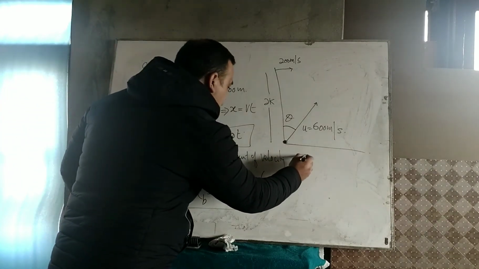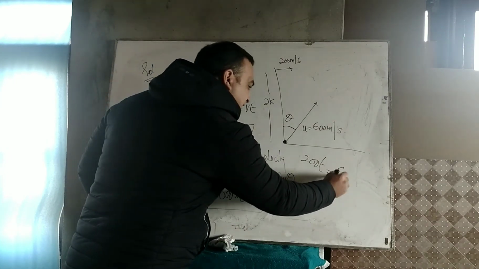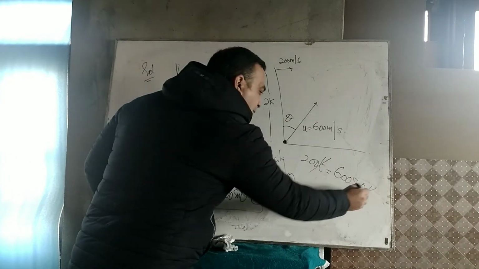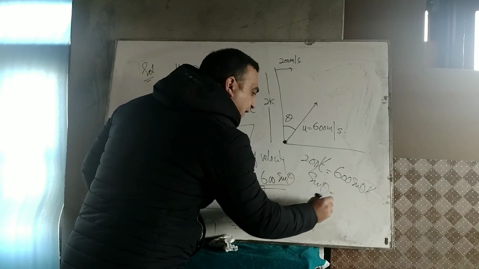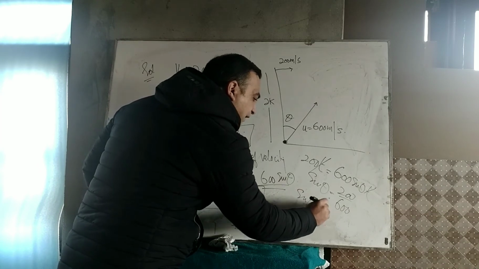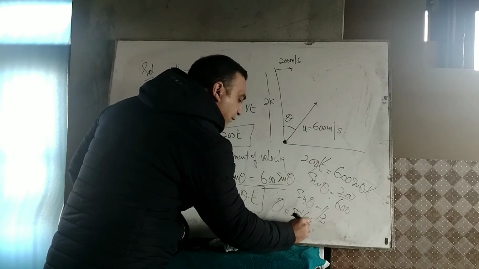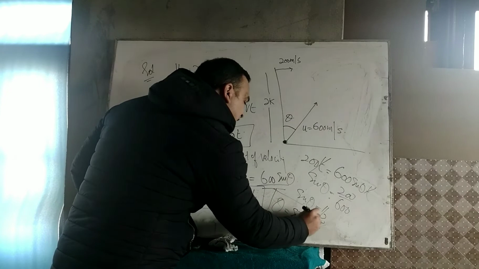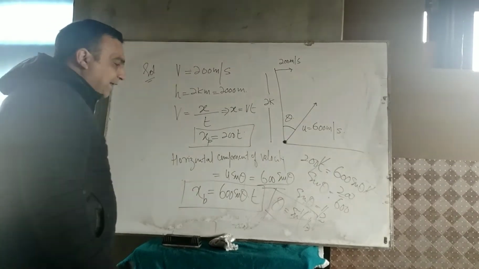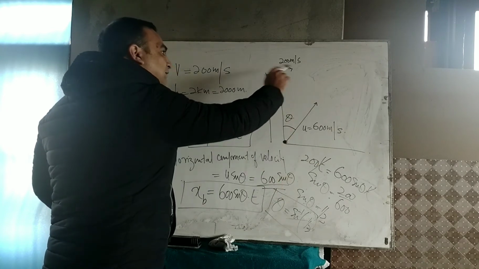I will get 200 t is equal to 600 sine theta t. This t and t is removed. Sine theta will be 200 by 600, so sine theta will be 1 by 3. So theta will be sine inverse of 1 by 3. So this must be the angle of projection with respect to the vertical, so that the bullet that is hit with this speed will hit the aircraft.